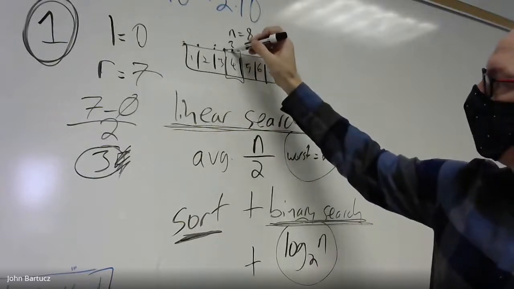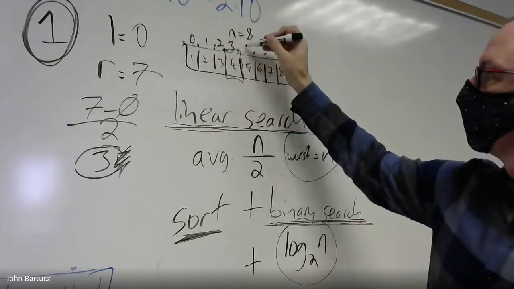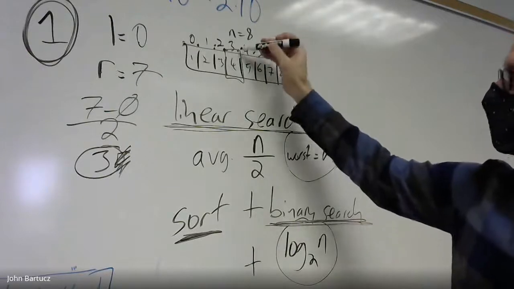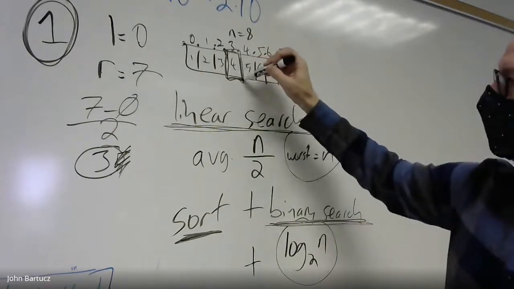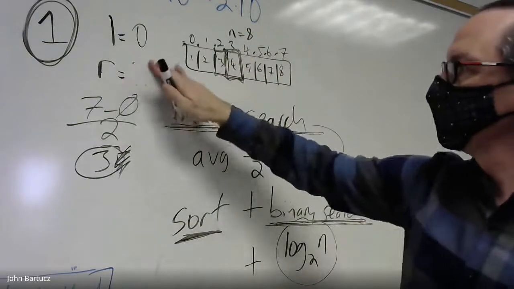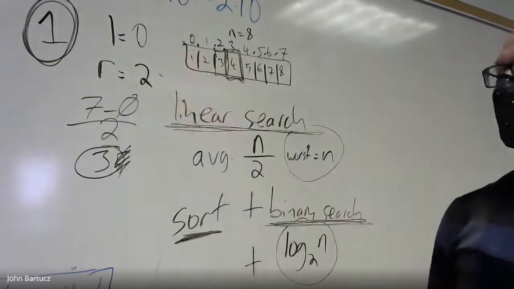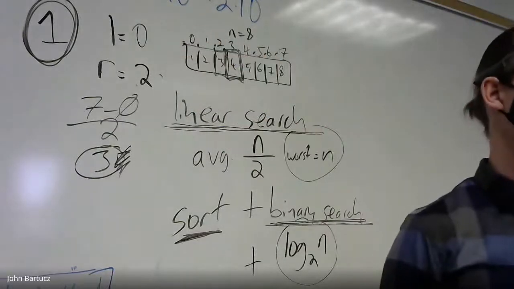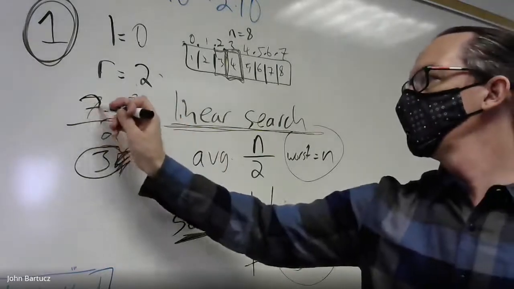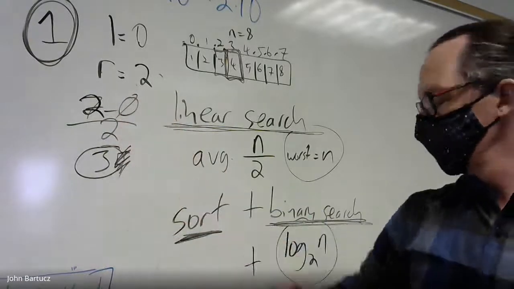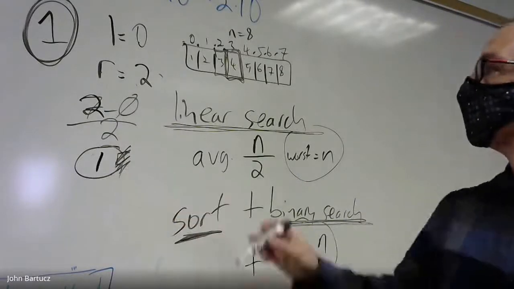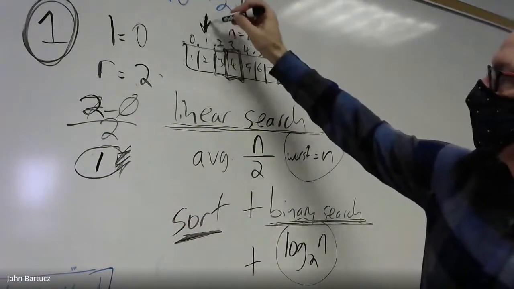It was at position 3, so we're going to move this guy, because that wasn't it, to position 2. So our right is now 2, and our left stays the same. Now we have 2 minus 0 over 2 equals 1. So this is our new middle.